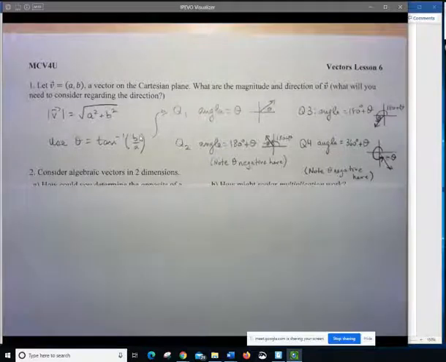The issue was that this gives you an angle between -90 and 90. So in quadrant 1, no problem, it automatically gives you the angle from the positive x-axis. In quadrant 3, it gives you a positive angle between 0 and 90, but you need to add that to 180.